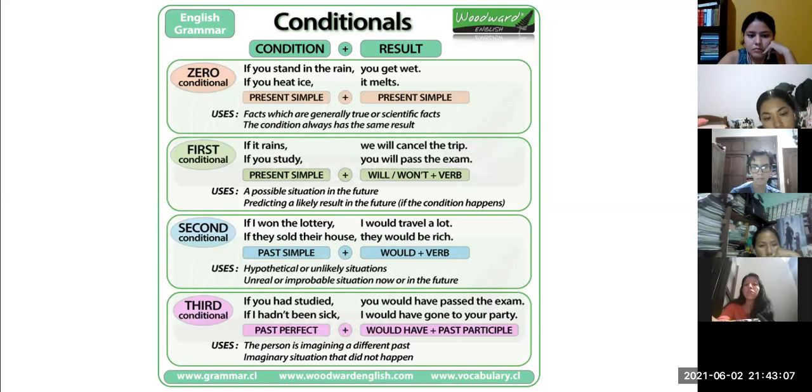And we use the third conditional when we talk about unreal, hypothetical situations in the past. So today we are going to talk about two of them: the second conditional and the third conditional. So pay attention and take notes, okay?